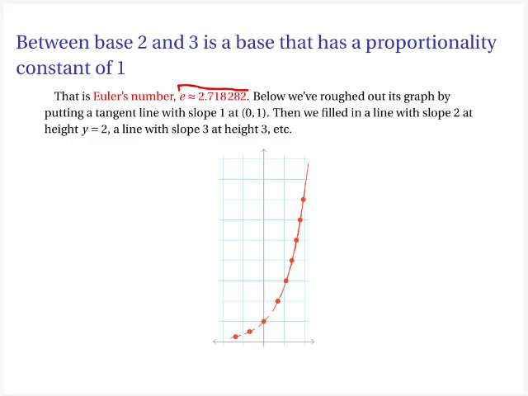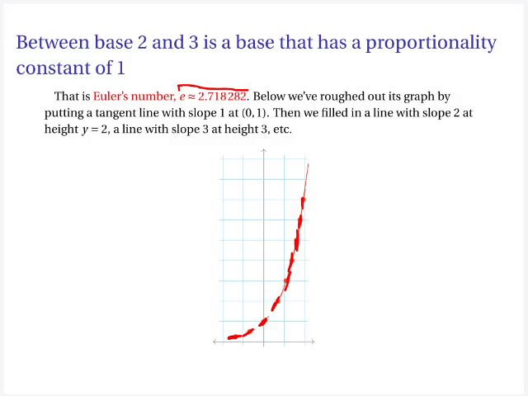So below, I roughed out the graph. I got my computer to start at 0, 1 and give it a slope of 1. And then a slope of 2 at height 2, slope of 3 at height 3, slope of 4 at height 4, slope of 5 at height 5, and a slope of 2 at height 2, slope of 1 at height 1, slope of 1/2 at height 1/2, slope of 1/3 at height 1/3, that kind of stuff.